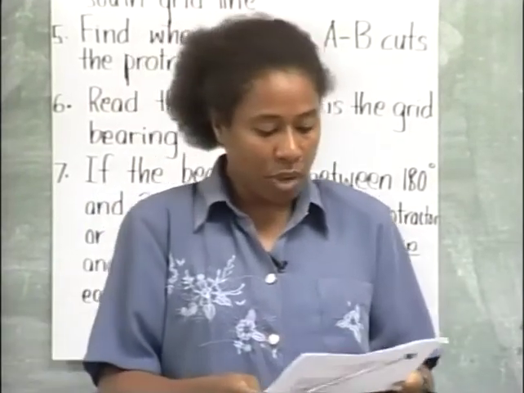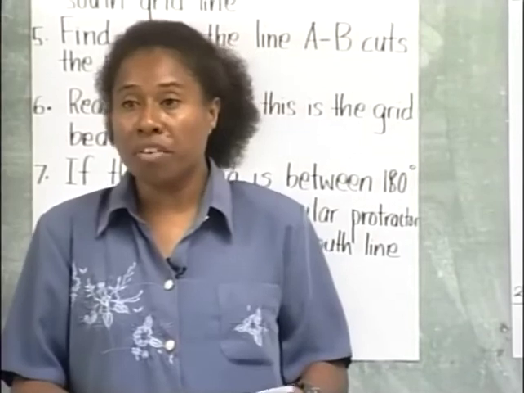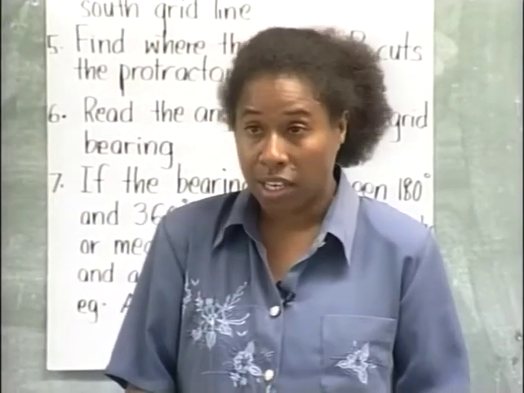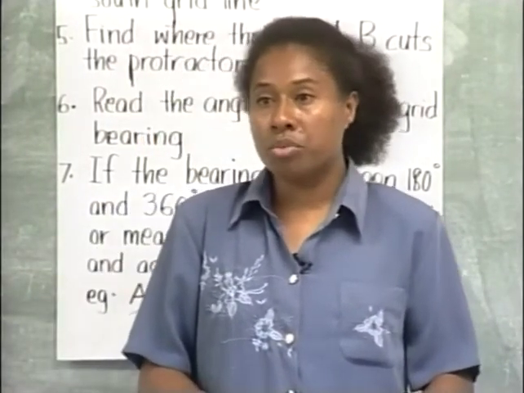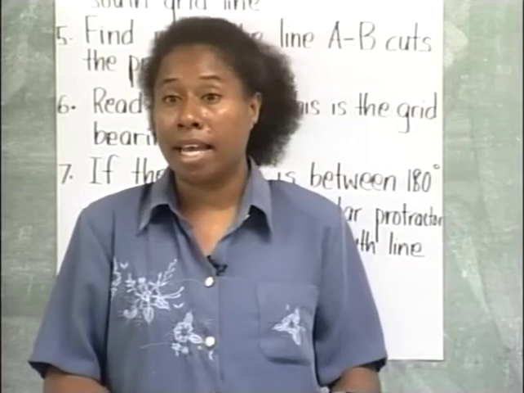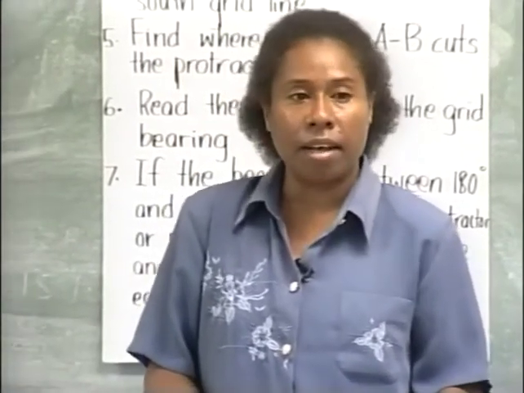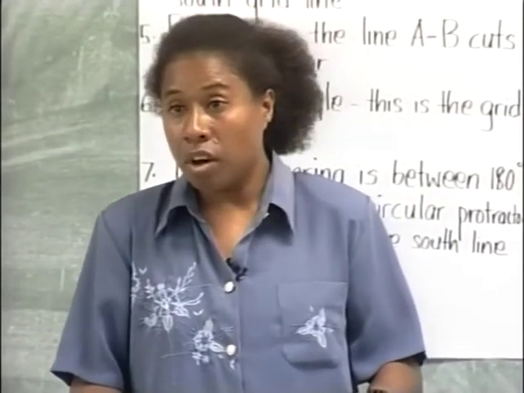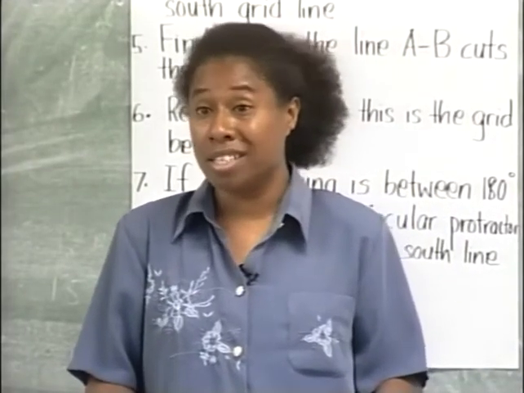So if we are able to use the topographic maps correctly to find and to describe direction, it will involve three important things. Those three important things come under the heading interpreting directions. They are, one, the points of a compass, of which we looked at yesterday in our lesson, the 16 points of the compass.